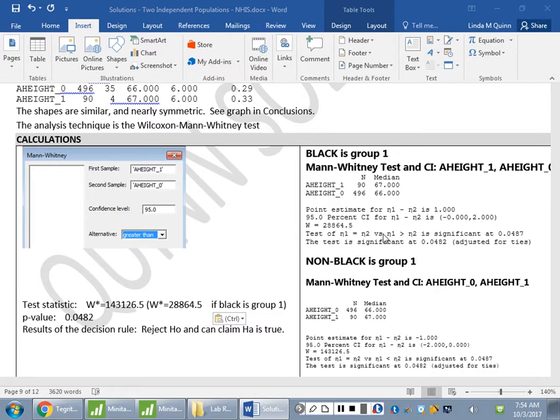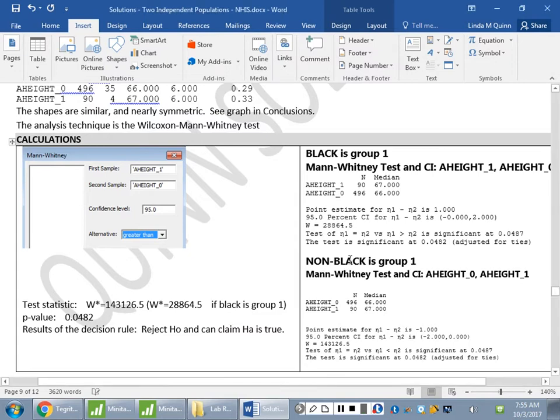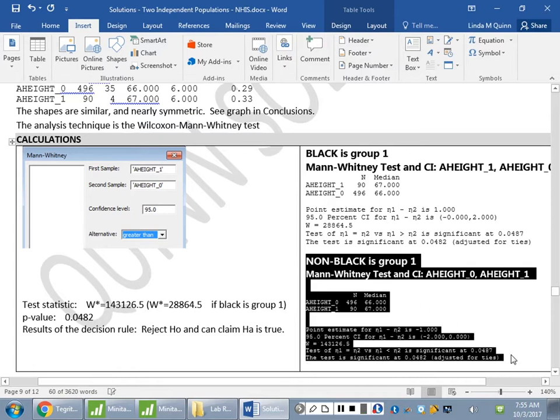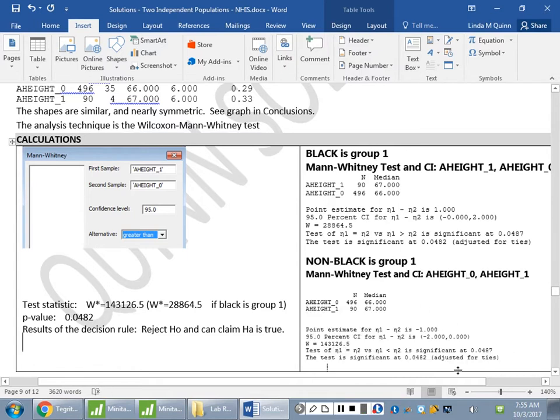The three things we want out of this are the test statistic, that's the W statistic, and the p-value. This just shows you the two outputs depending on which group you put first. Remember that for me, I want this one. So for me, that's the correct one. And so we're looking at the test p-value adjusted for ties, 0.0482. And so therefore, we can reject the null and claim the alternative is true.